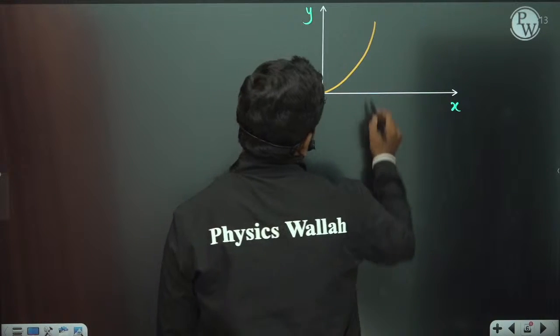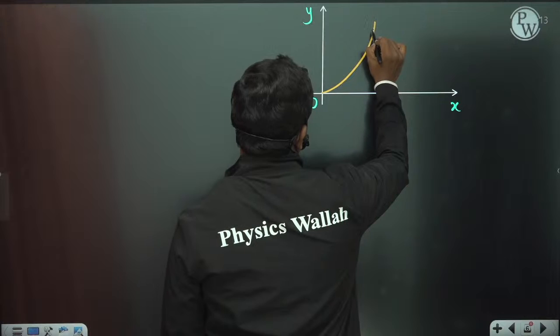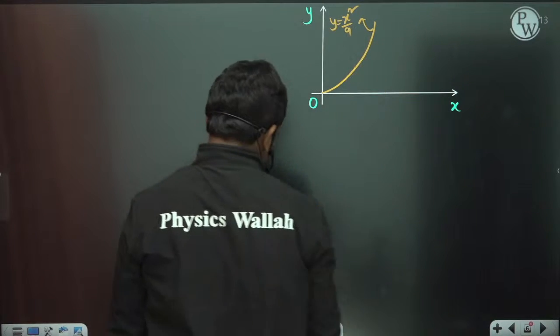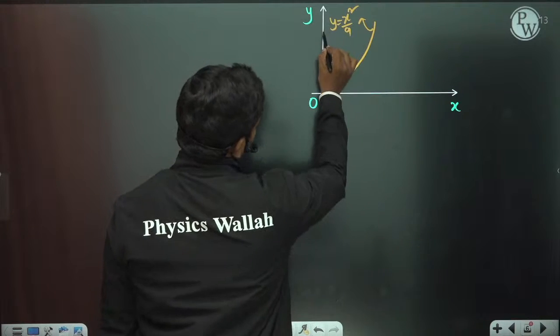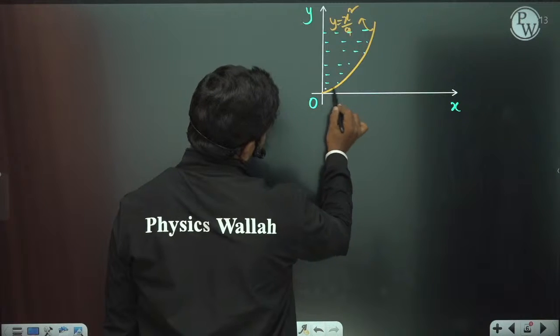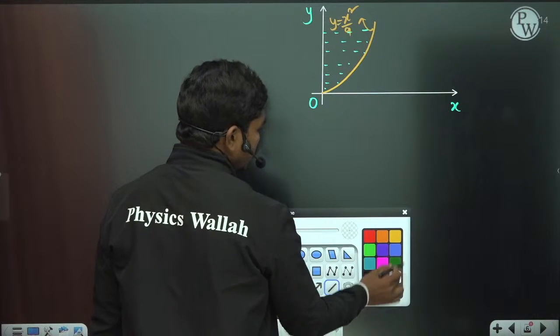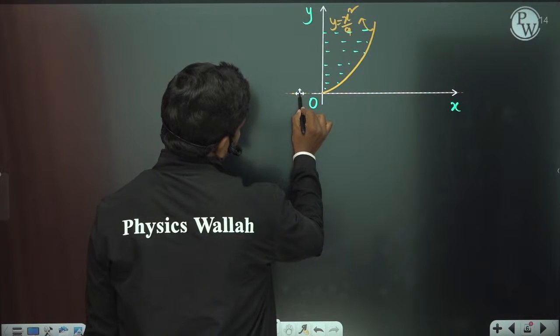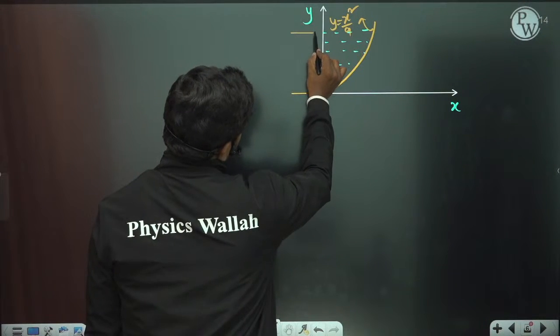This is the dam. Okay, so this is y is equal to x square by 9, and of course you have some fluid like this. The height of the fluid is how much? 10 meters, correct?